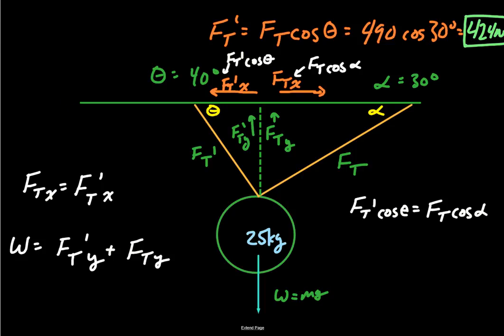So I'll just write them over here because there's more room. Ft prime y should be equal to Ft prime sine of theta. Okay, and Fty should be equal to Ft sine of alpha. So then we should be able to rewrite this.